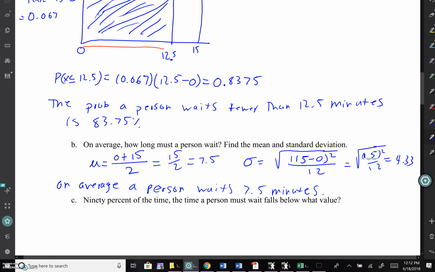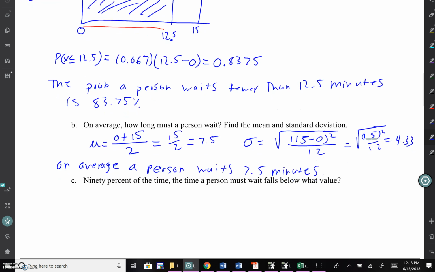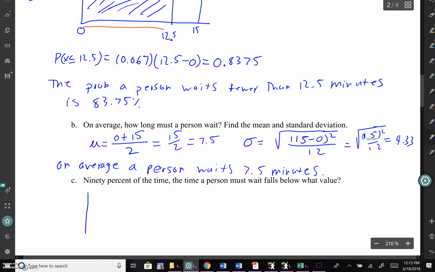All right, 90% of the time a person must wait falls below what value? Now they gave me a percent. How do we get percents, or where do the percents come from? Well, in part A, where did we get our percent from?